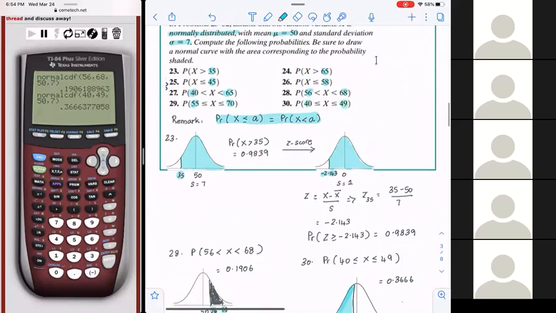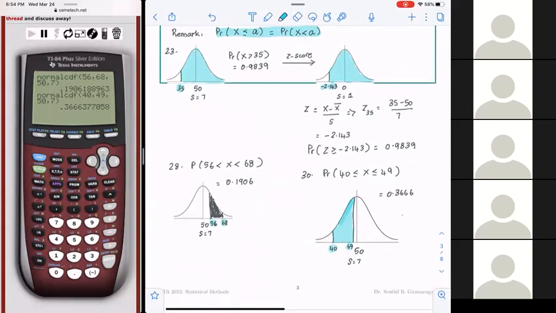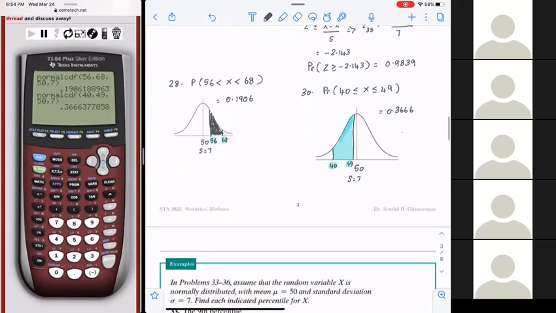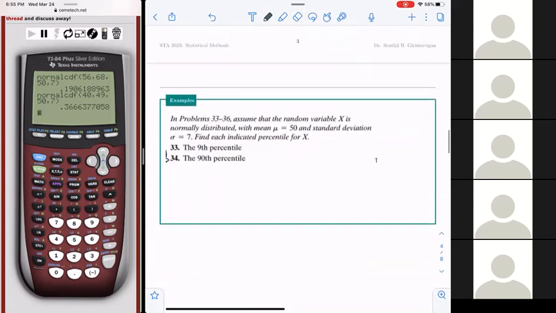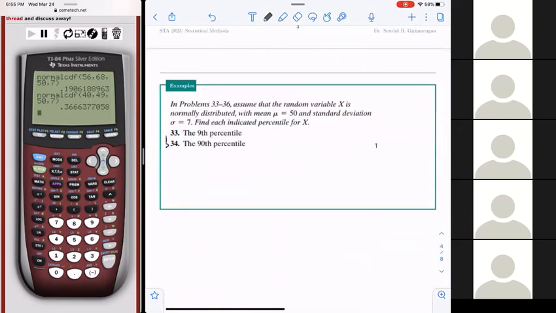So on the real number line, 35 is a percentile, 40 is a percentile, 68 is a percentile. All of those are percentiles. So in the previous problems, the percentiles were given to us and we wanted to find the probability. Here, we want to find the percentile. So we have to go back and understand what a percentile is.